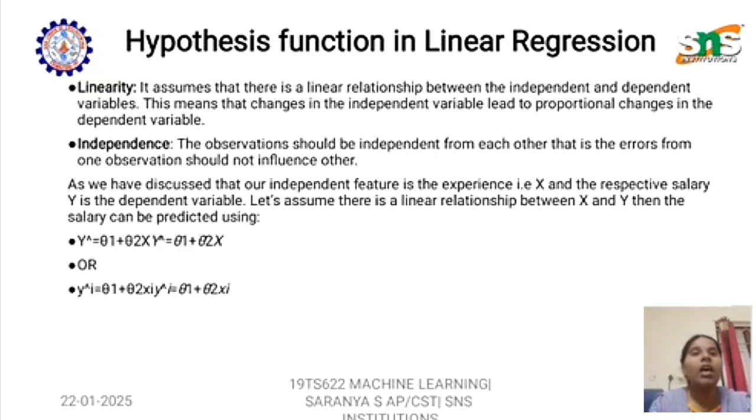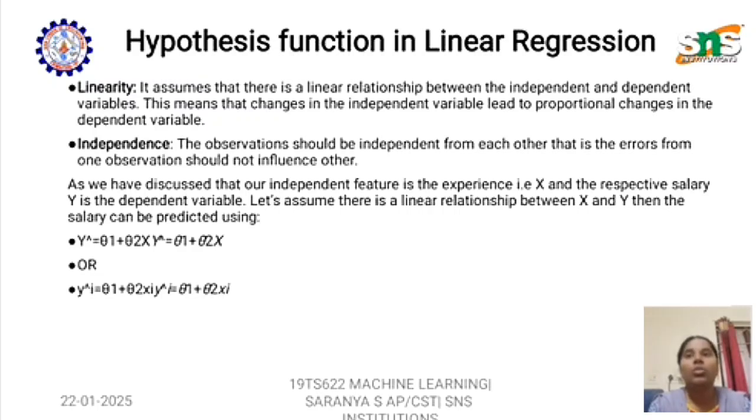It is univariate, with one input variable. Here y i cap belongs to capital Y cap, where i equal to 1, 2, up to n, are the predicted values.